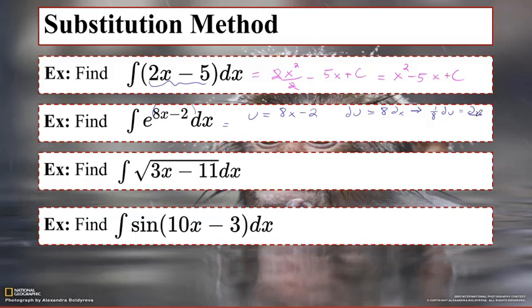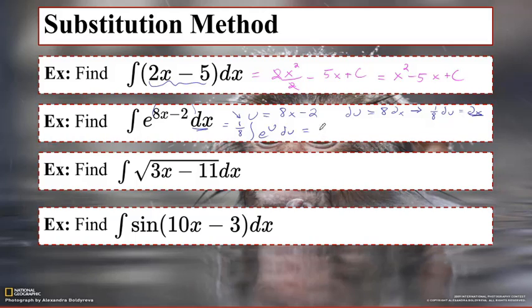And now I'm just substituting my dx with a 1/8 du. And that 1/8 I can bring out. So either way, I'm going to have a 1/8 out here, and I'm integrating e to the 8x minus 2, which I'm calling u. And then my dx was the 1/8 du.